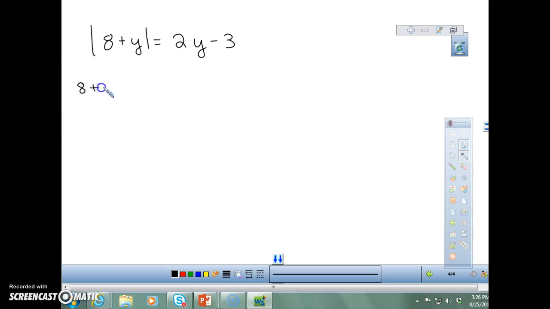So 8 plus y is equal to 2y minus 3, and 8 plus y equals negative 2y minus 3. We're going to solve individually.